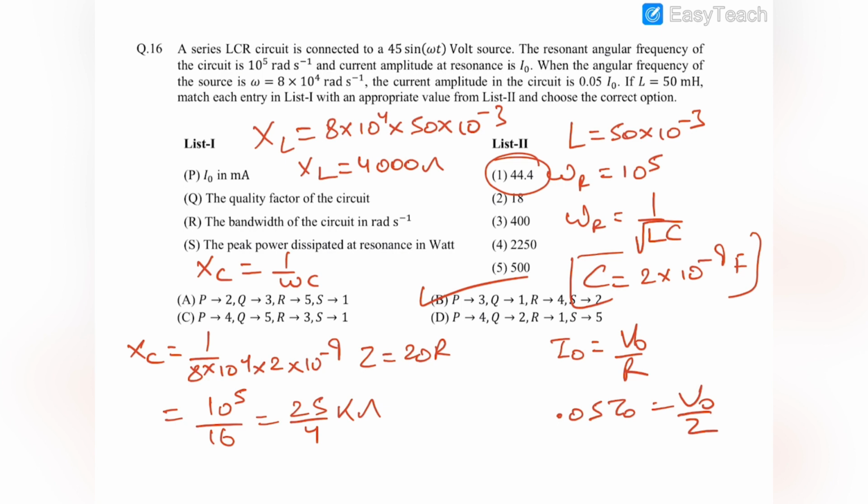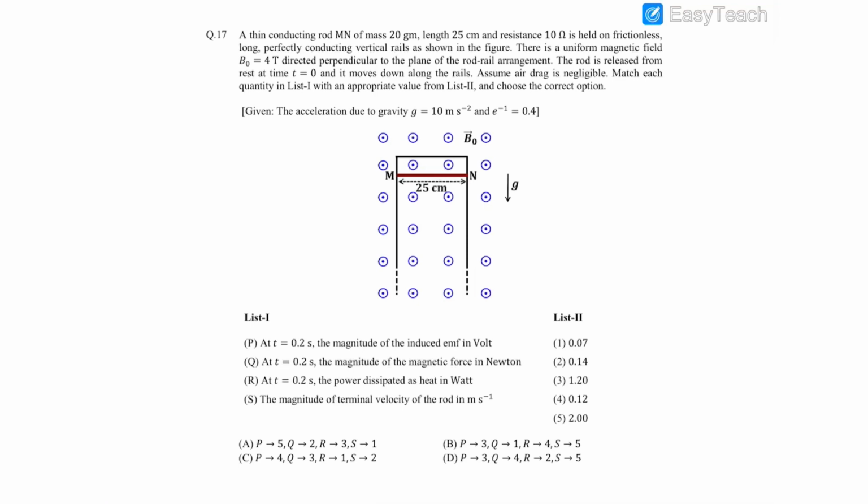Now we move on to the next question. In this question, there is a thin conducting rod MN of mass 20 gram and length 25 centimeter.